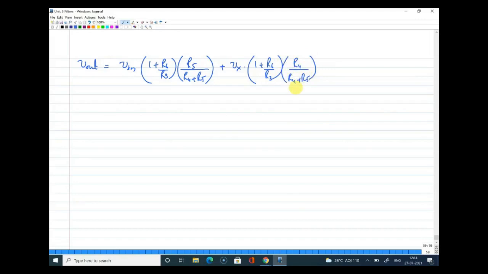This is Vx, plus Vy into the coefficient, which is minus R6 by R3. This is the V out expression.